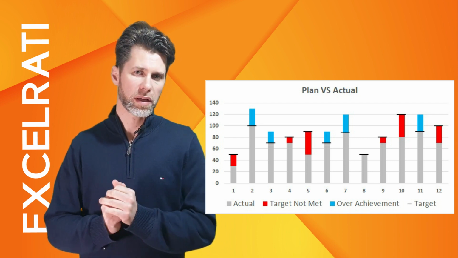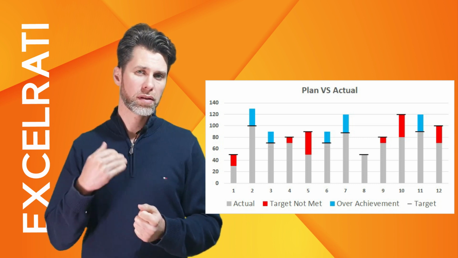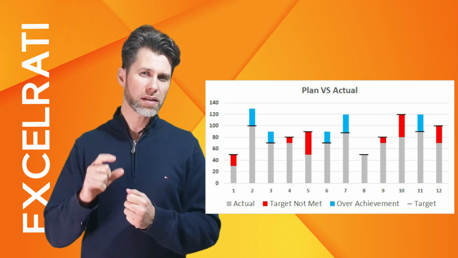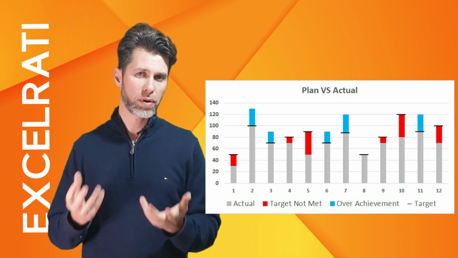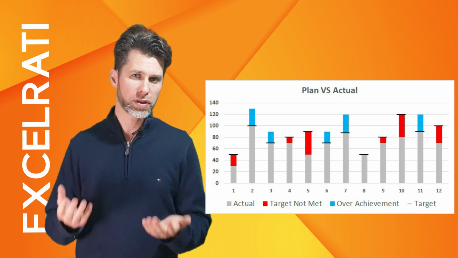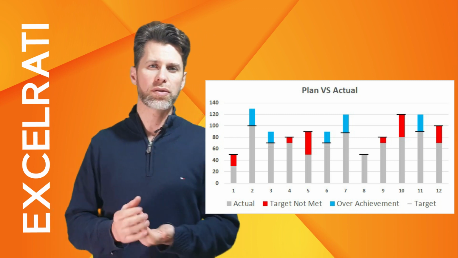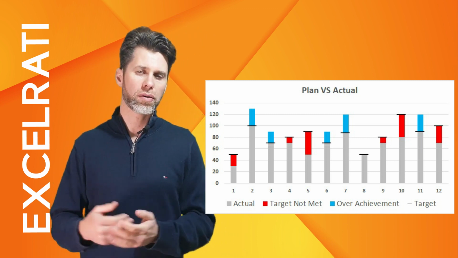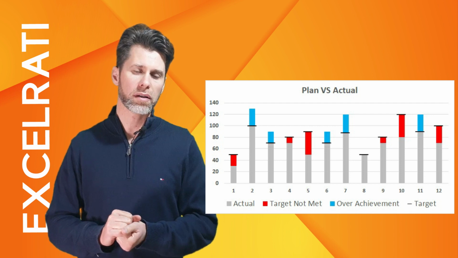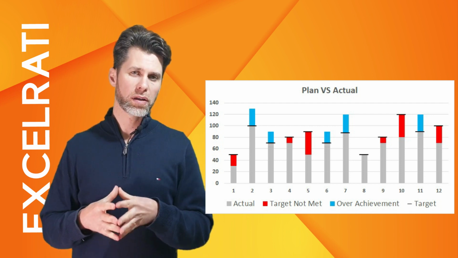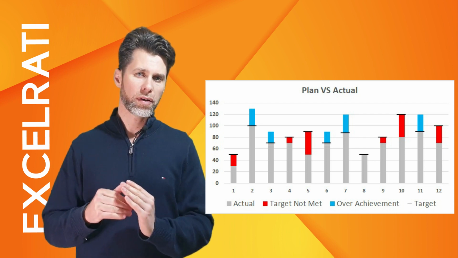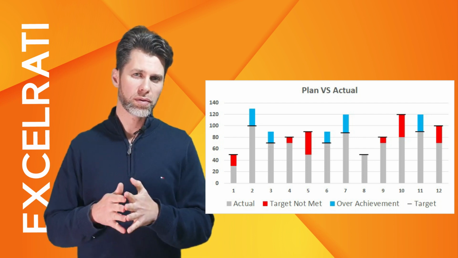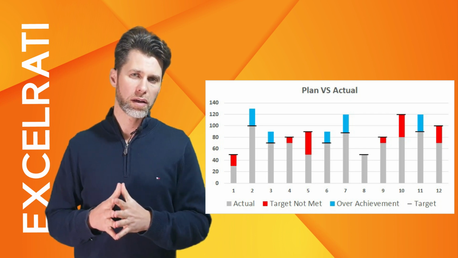If that actual goes beyond the target, then the extra portion above the target is in blue, and we call it the overachievement, because we went ahead of the plan. And if the actual reached the target exactly, then it will show as a full gray column.